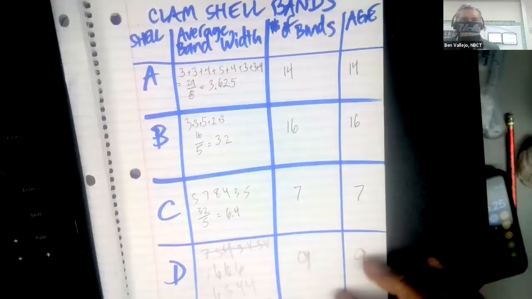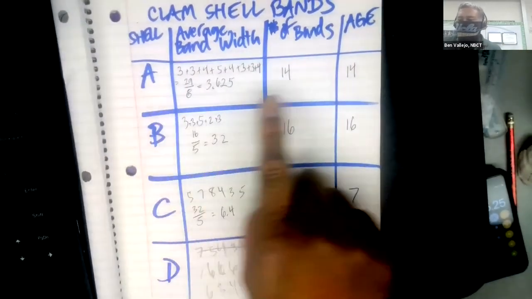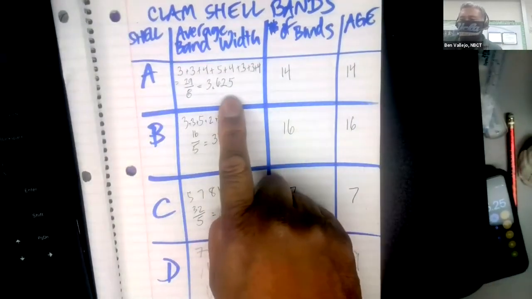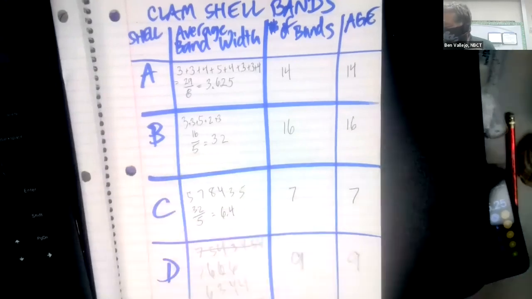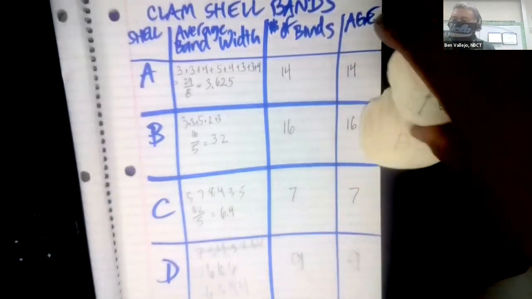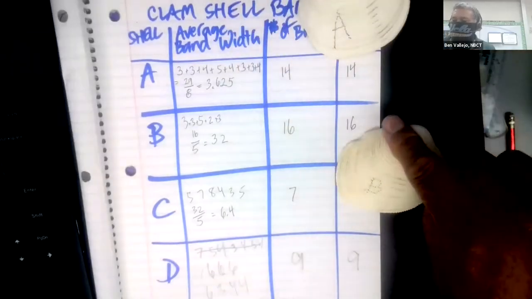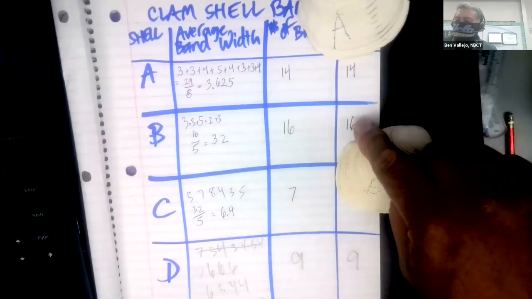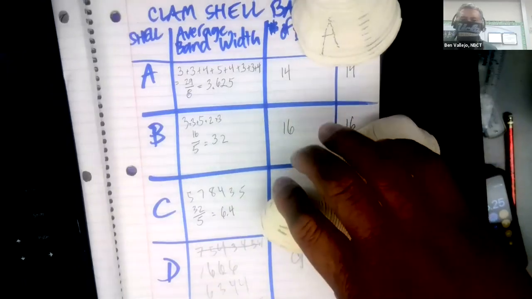You have clamshell A was 3.65. Our biggest one, I think, was B, and makes sense. It's older, and it's the biggest shell that we did today. This one's pretty big, and it's only 7 years old.